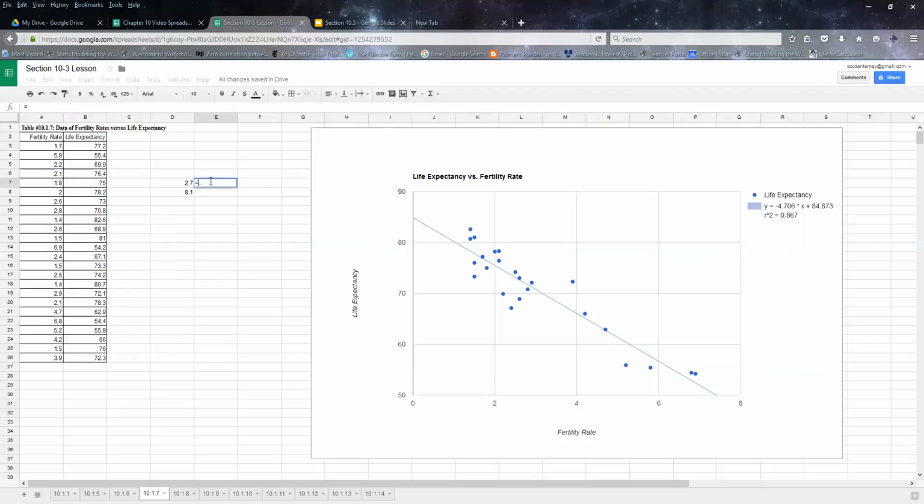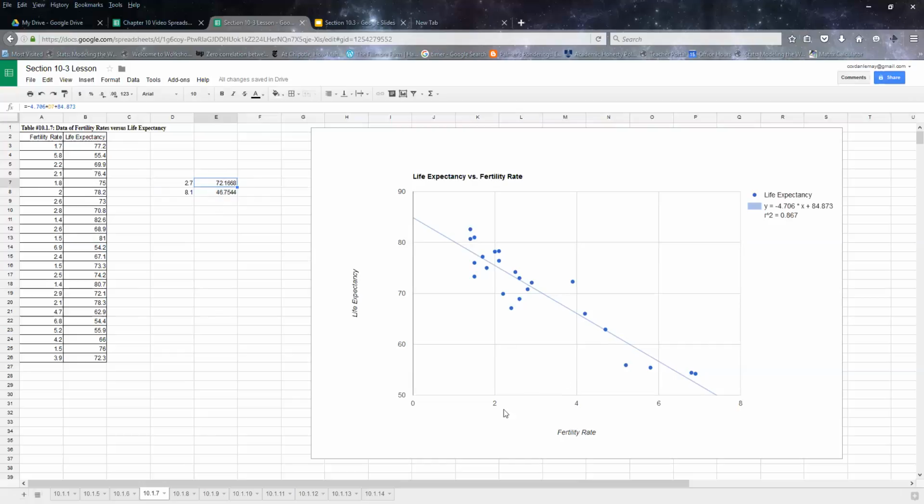Equals, the slope is negative 4.706. I'm going to multiply that by 2.7, and then I'm going to add 84.873. And then since I did my work setting up the formula, I'm just going to fill that down and it'll automatically calculate it for me.